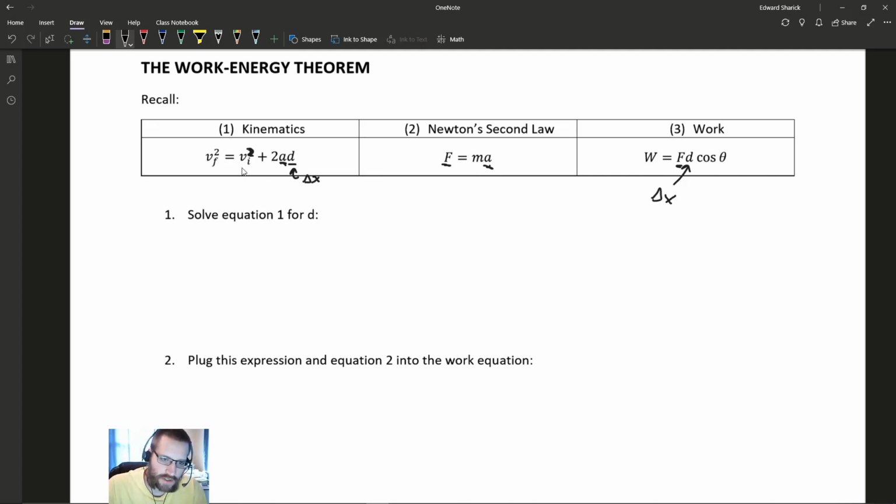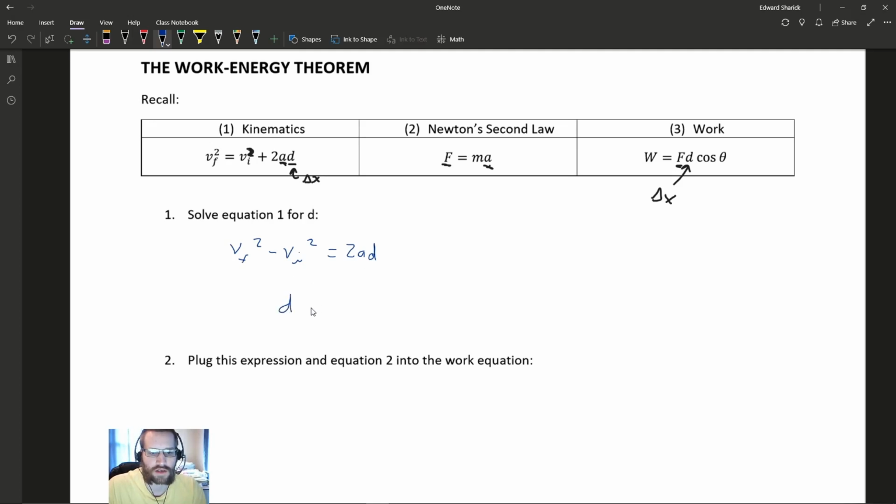All right, so the first thing we're going to do is solve equation 1 for d. I'm going to first subtract v initial squared to the other side and set that equal to 2a times d, or delta x. And then I'm going to solve for this variable d by dividing by 2a.